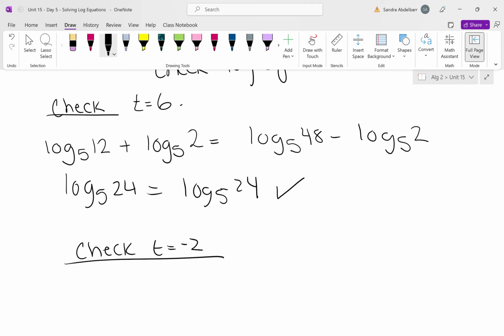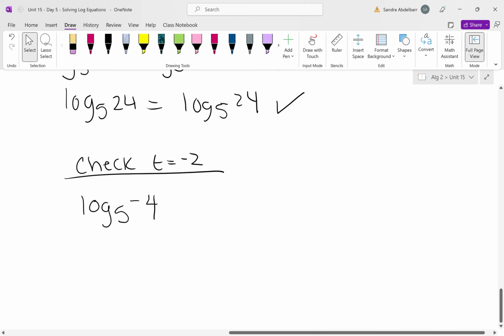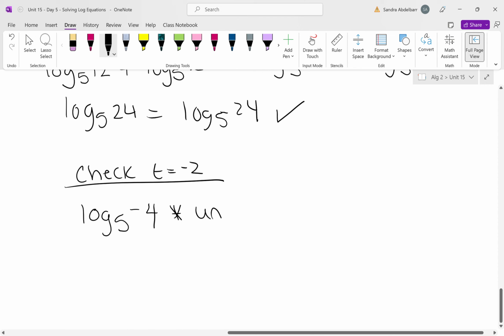All right, when I check the negative 2, I have log base 5 of negative 4. Am I allowed to have that? No, that doesn't work out here. So right away, I know this is undefined.